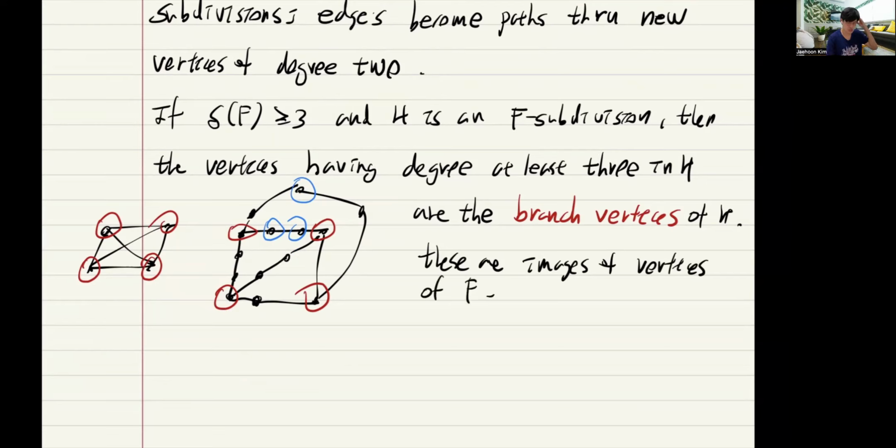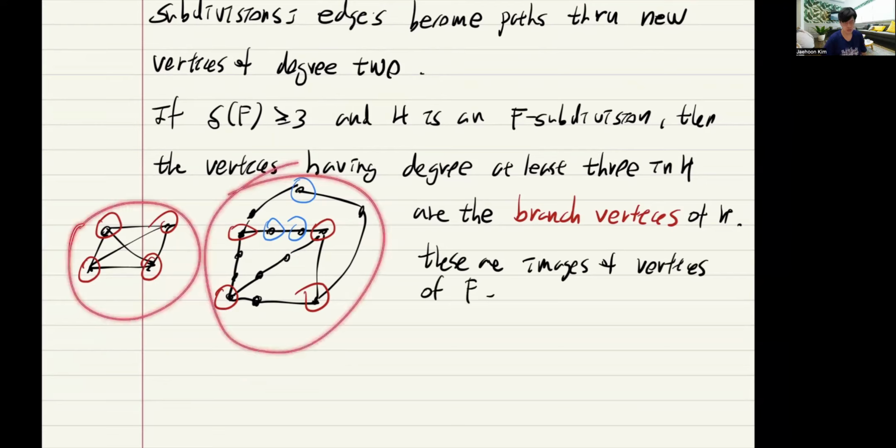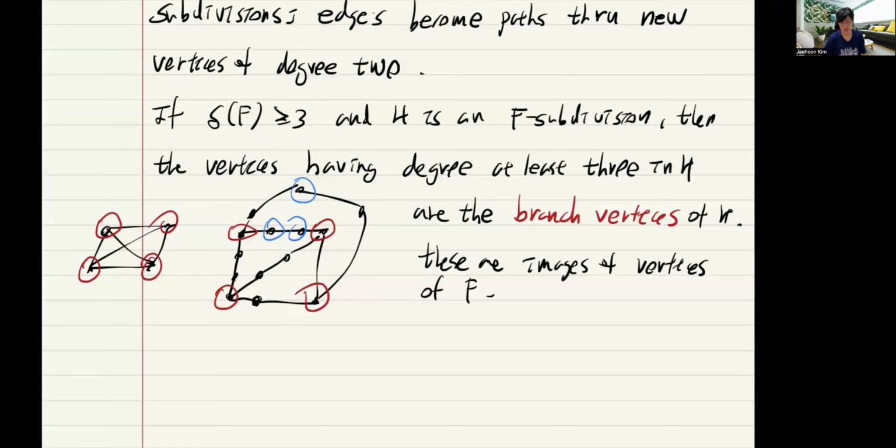Okay, you can already see that this and this have essentially the same planar embedding, topologically they are the same. As the vertices are just points, the image of this edge is curved, and the image of this path is curved.